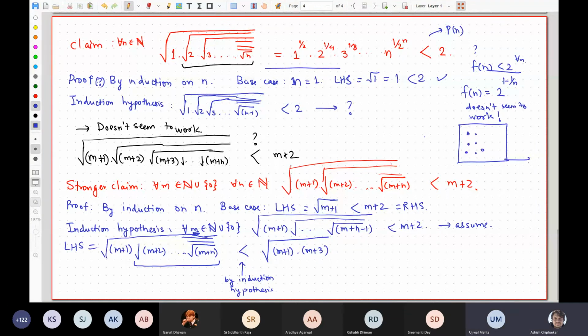Think of this as m, think of this as n. Your induction hypothesis is telling you that for this specific n minus 1, everything is okay. So the claim is true for all the points on this line. And using that, you are trying to prove that the claim is true for all points on this line.